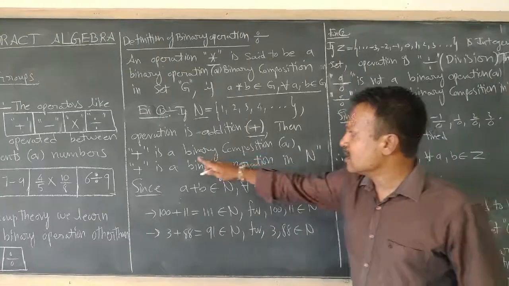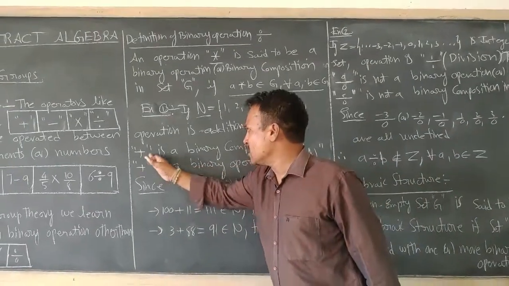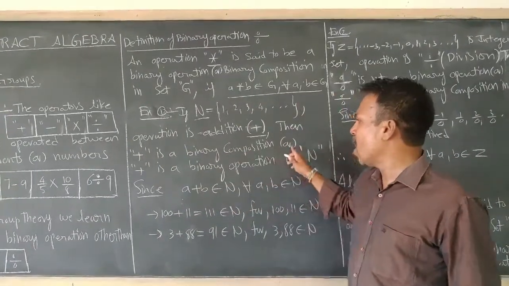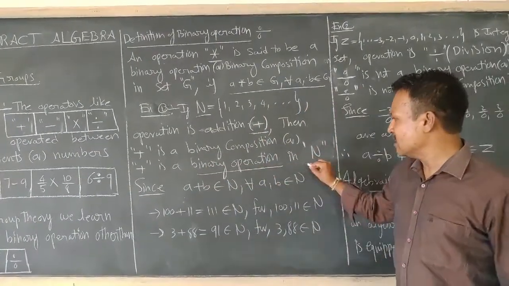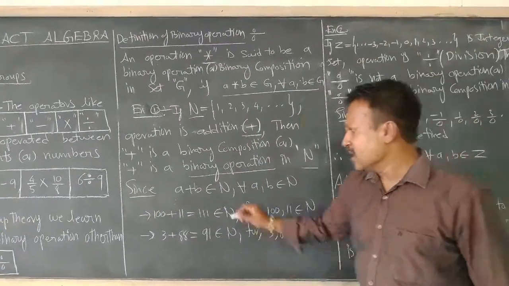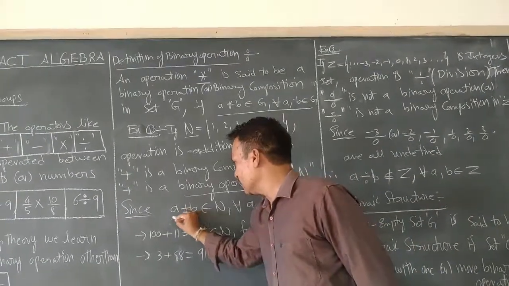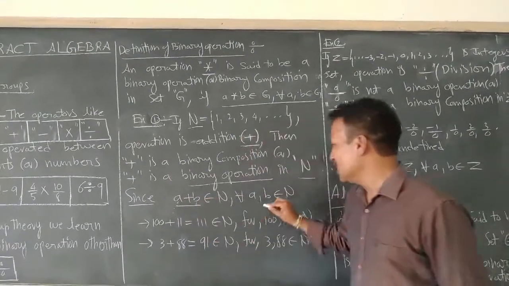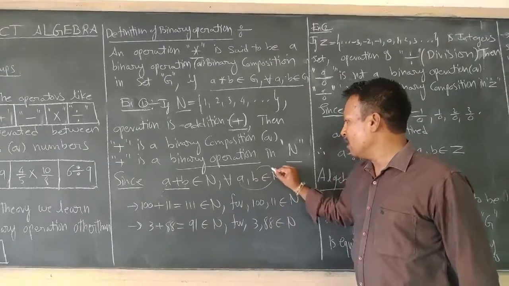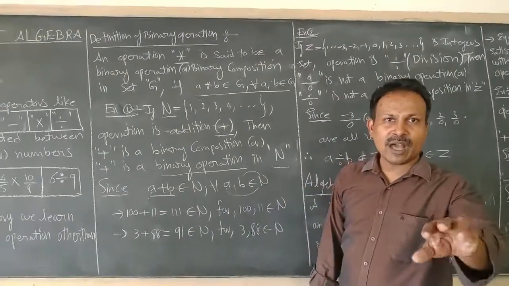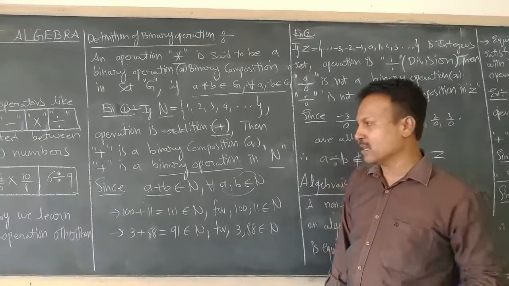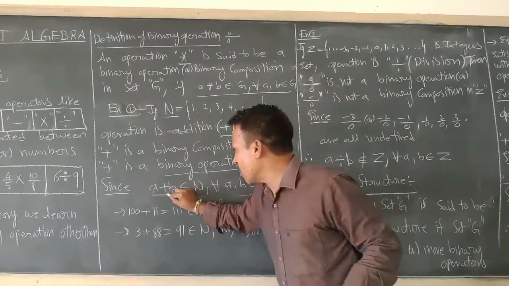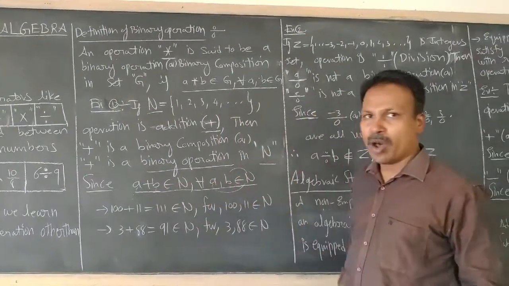Then star, which I have written here as plus, is a binary composition in set N, since if I take A plus B, A belongs to N and B belongs to N. A comma B are any two elements taken from set of natural numbers capital N. It is the standard form of representing a binary operation.